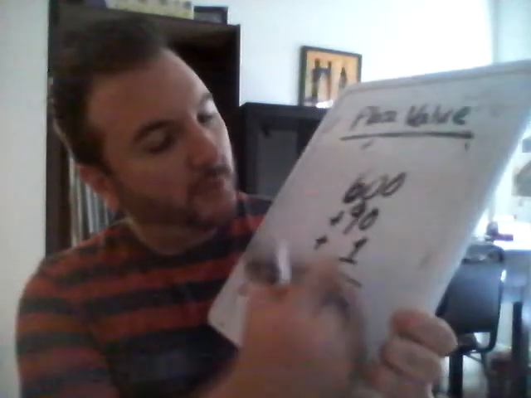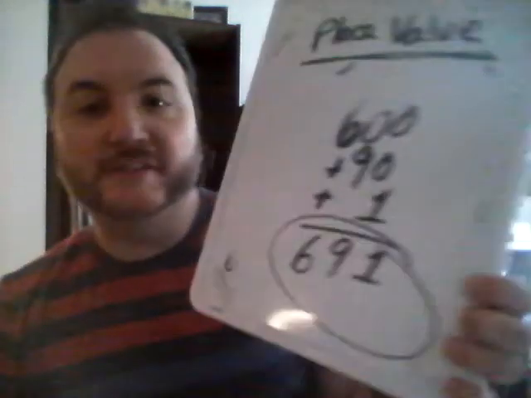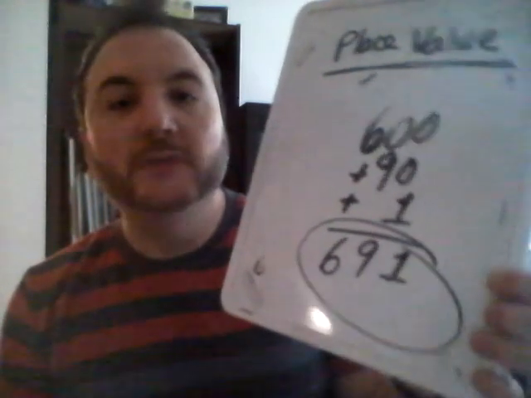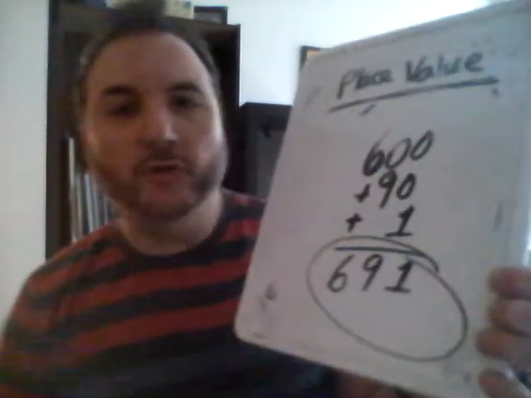Just to show you that that's true, I'm going to add it the old-fashioned way, going up and down, vertically. 1, 9, 6. There's your 691 right there. So remember, ones, tens, hundreds.